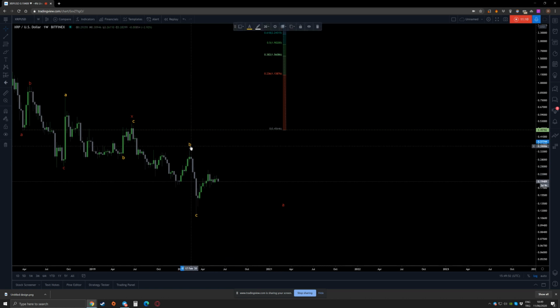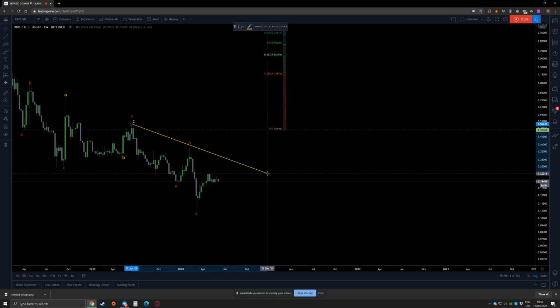So maybe we already completed wave A here, or wave A here, and we have a B wave somewhere here. Maybe we have a C wave somewhere here. Okay, ABC. Now, we look at the 0 to B trend line. As you can see, it doesn't confirm. So this cannot be the end of the wave.